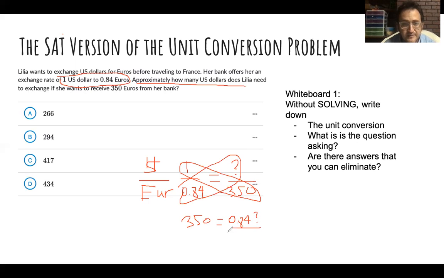And I'm just going to divide by 0.84. So I'm going to do 350 divided by 0.84. And I'm going to get 416.67. Which is basically $417.